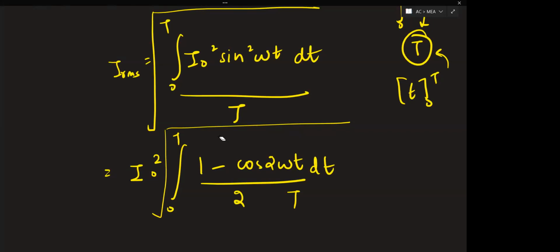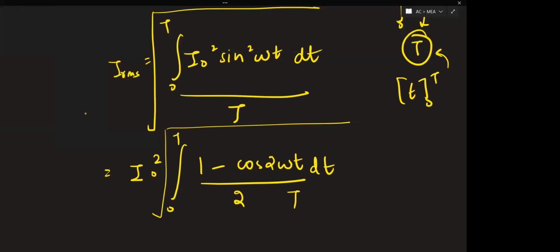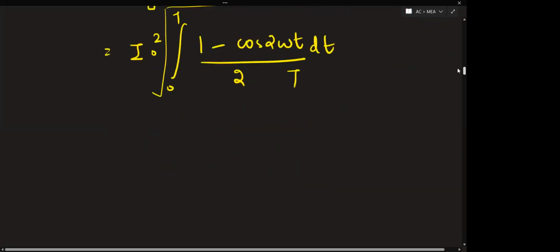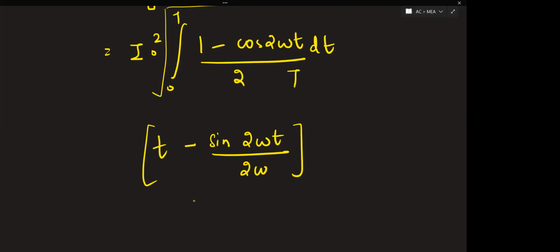Now we have to perform the integration as well, which we have not yet performed. So when you integrate it, dt multiplied by 1 will give you t, and cos 2 omega t will give you sine 2 omega t divided by 2 omega. Omega comes in the denominator when you integrate. The limits are 0 to capital T.